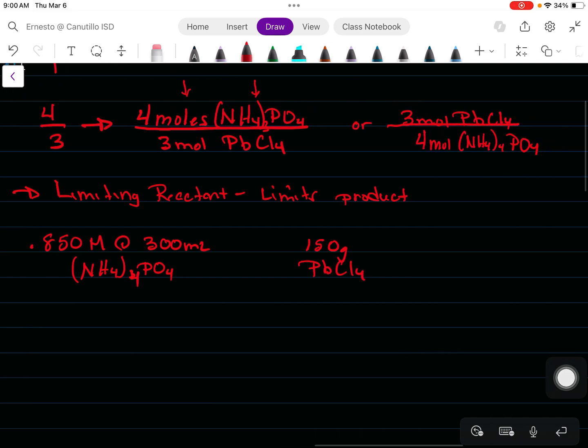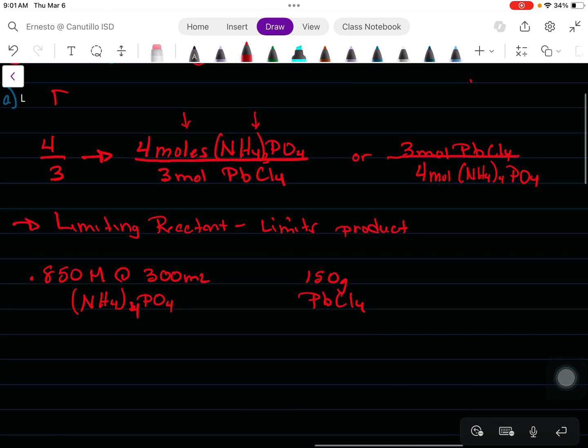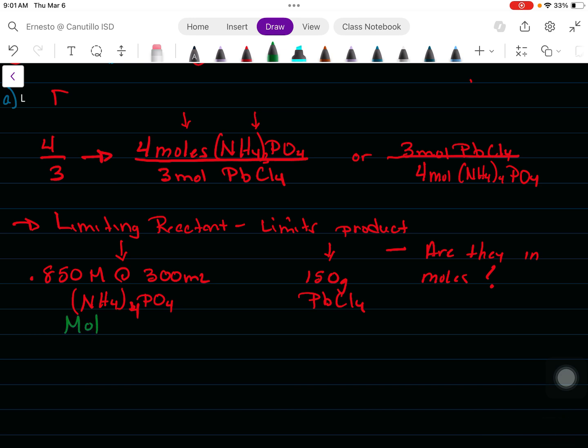Now, we're going to use the mole ratio to figure out this calculation. But there's a problem. This value and this value, the question is, are they in moles? This gives me a molarity, which is a solution. And this gives me grams.